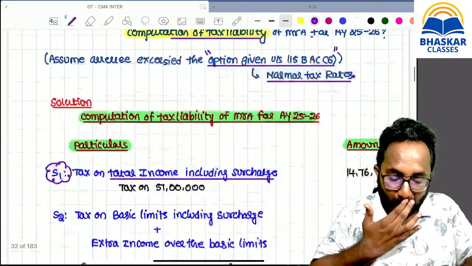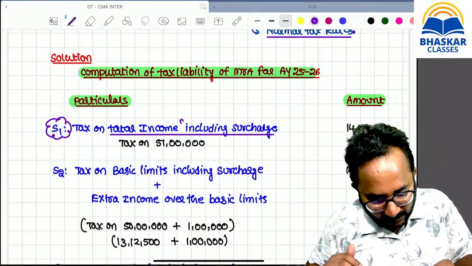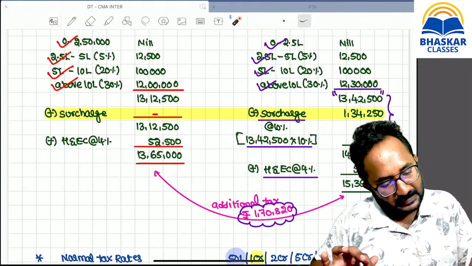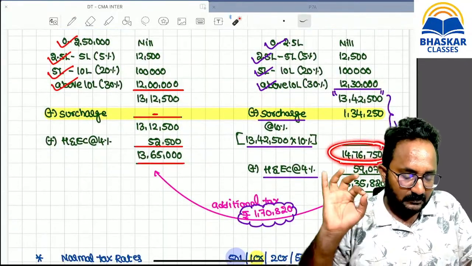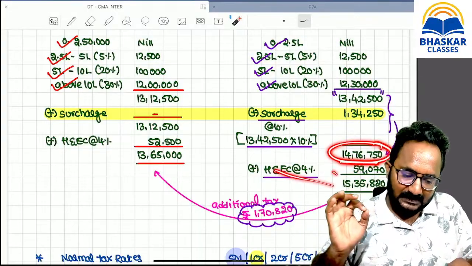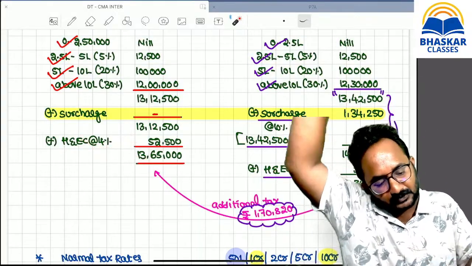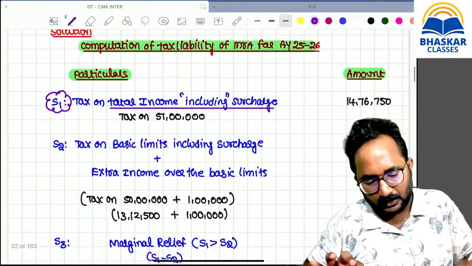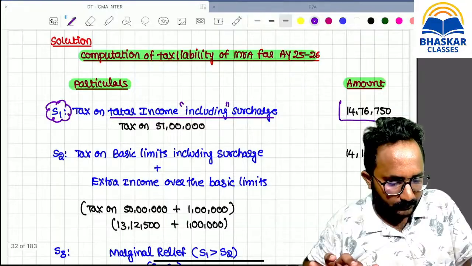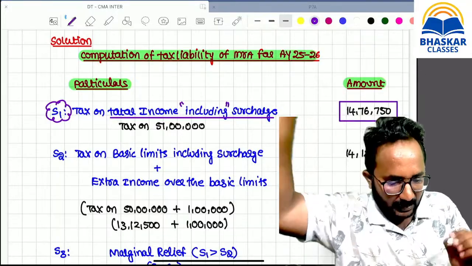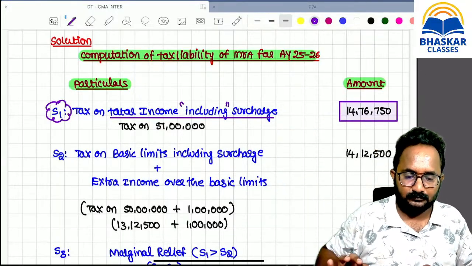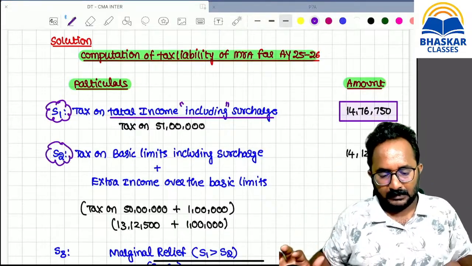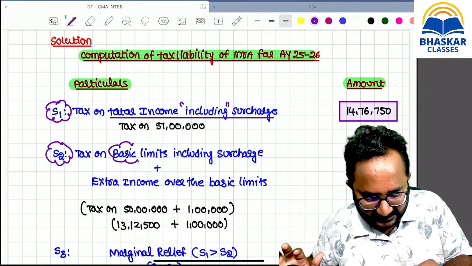Including surcharge, I think 51 lakh with surcharge gives 14 lakh 76,750. Don't consider education cess, as it is the last step after relief. So we are getting 14 lakh 76,750. Now this is what the government is asking, but we are saying, sir, the basic limit is there.